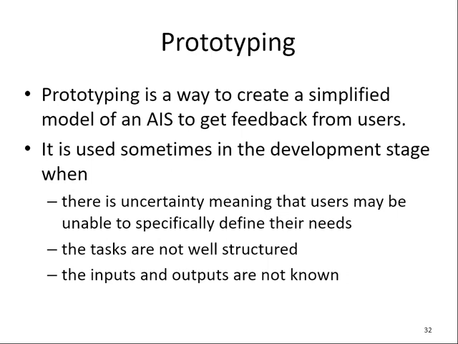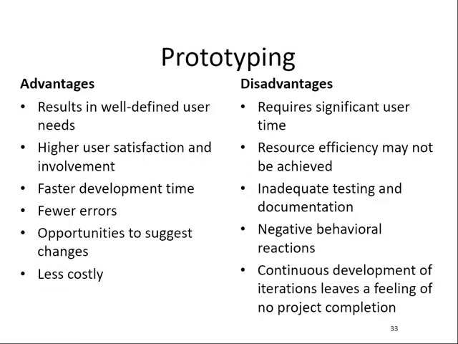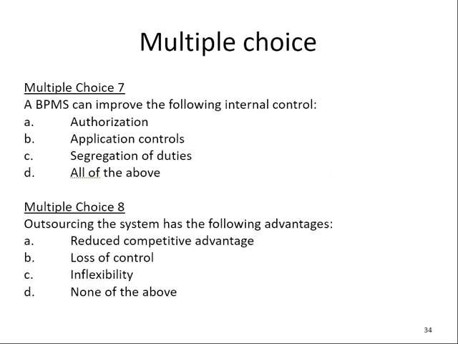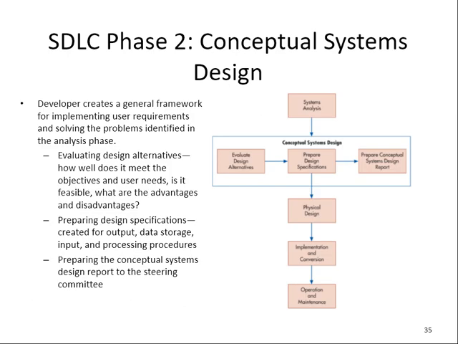And the tasks are not well structured and inputs and outputs are unknown. When these things happen, it's better to have prototyping. We'll list the advantages and disadvantages of prototyping.